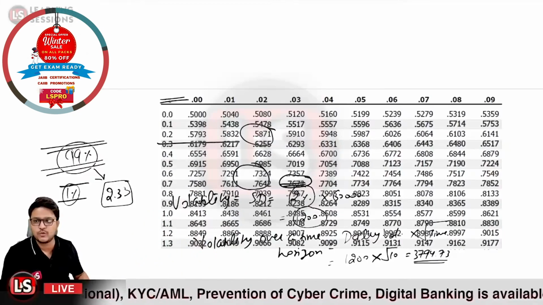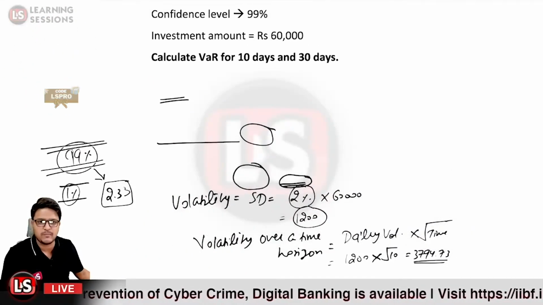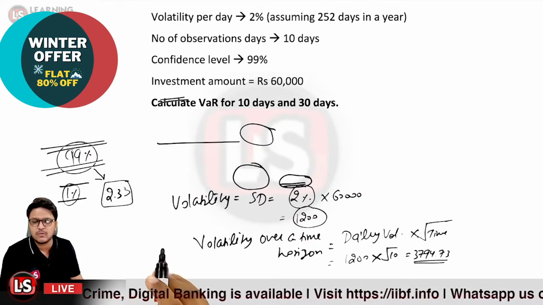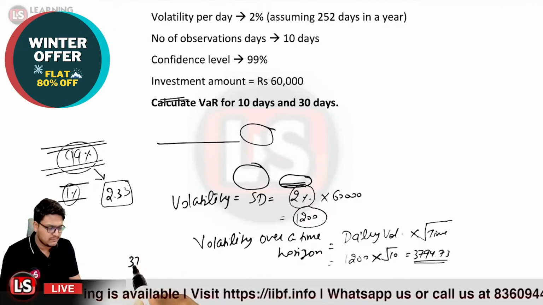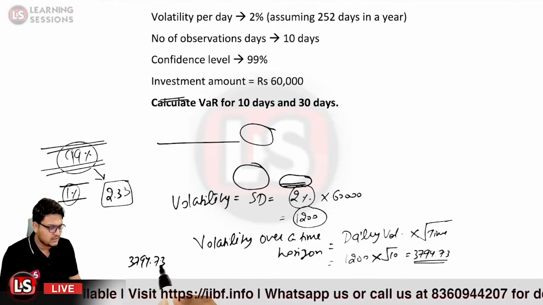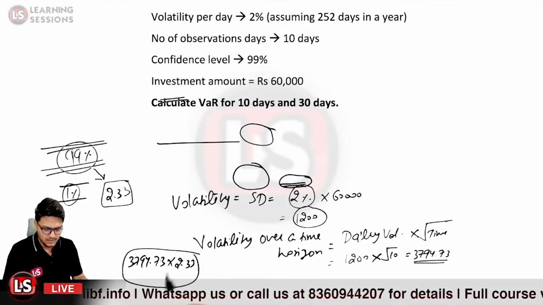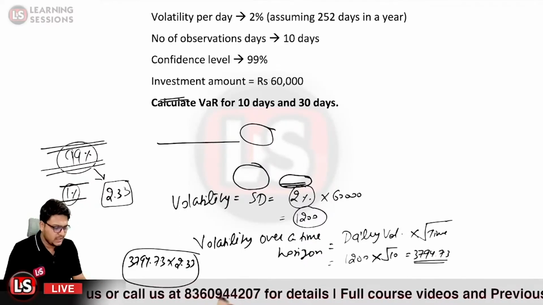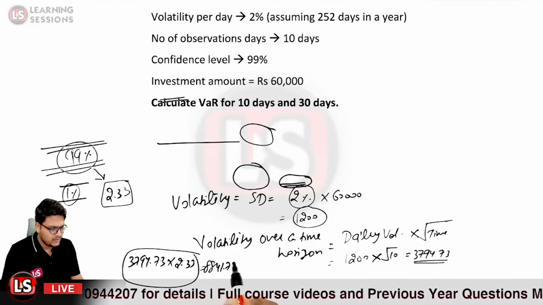If we now need to calculate the VAR, how can we calculate it? We simply need to multiply the volatility over the time horizon with the Z table value. So it is basically 3794 minus 0.73 multiplied by 2.33. It gives us the value equal to 8841.72.